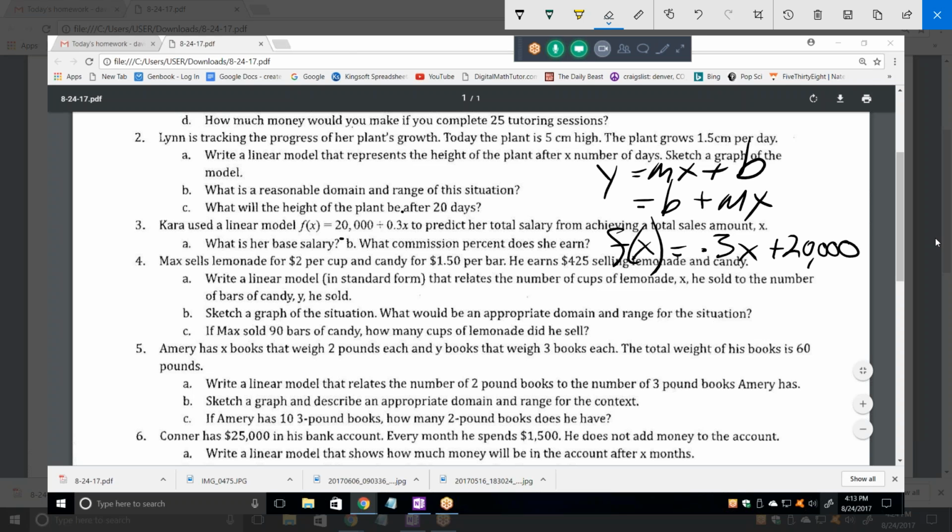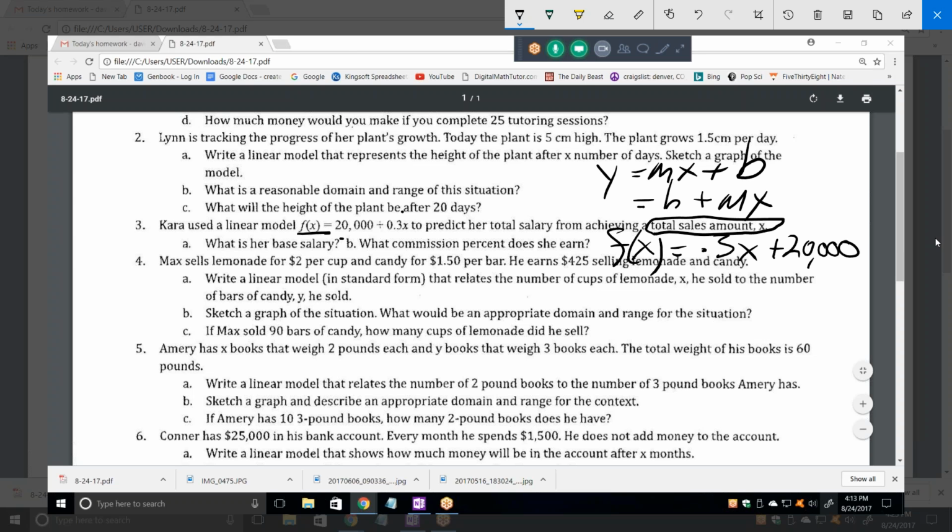So that's what f of x is, her total salary. What's x? 0.3? No, well, not yet. x is the total sales amount. In other words, always read the words. Achieving a total sales amount x. That's what tells you what x is.